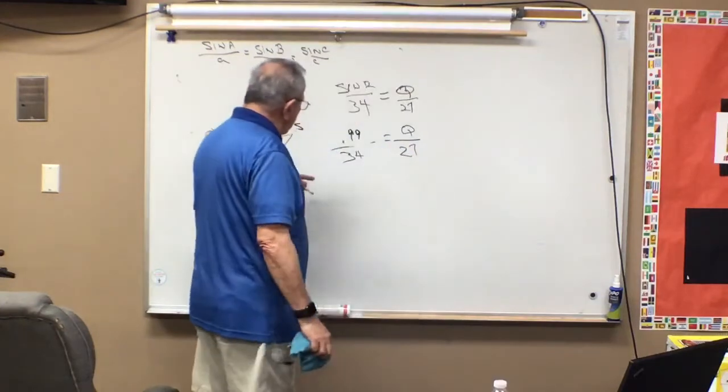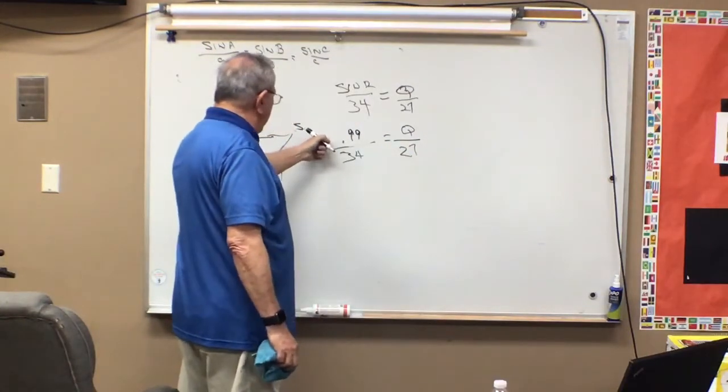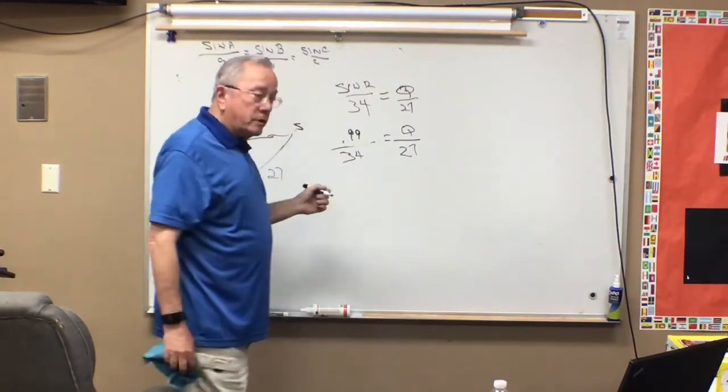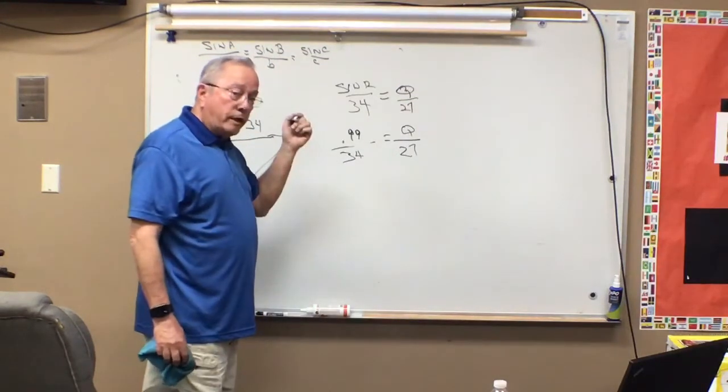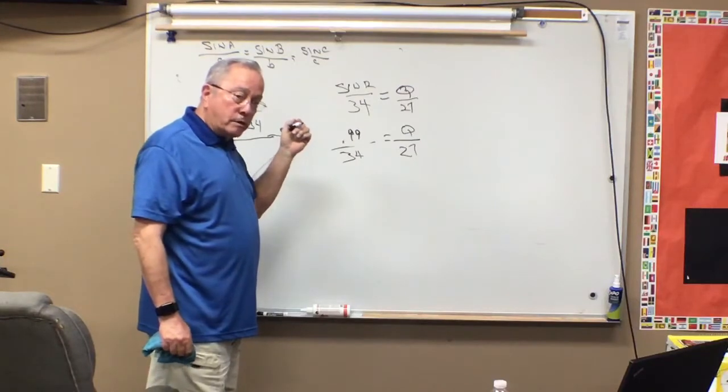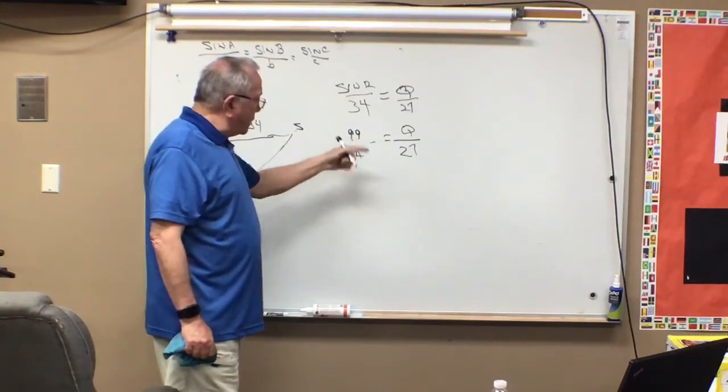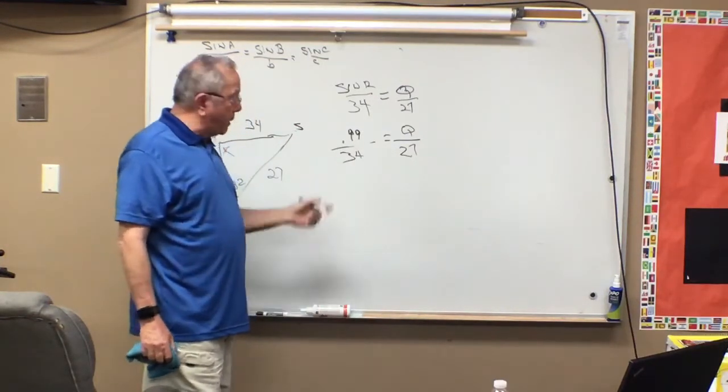All right, so again, the sine of 82 is 0.99. The nice thing is, you know you're pretty close because the sine of 90 is 1. So sine increases as you go from 0 to 90, doesn't it? It goes from 0 to 1. So now guess what we're going to do? We're going to cross multiply again, aren't we?